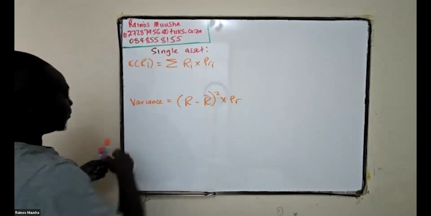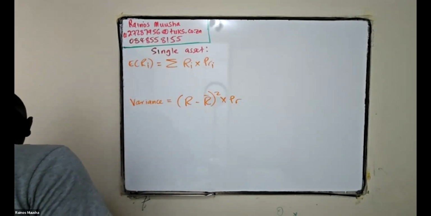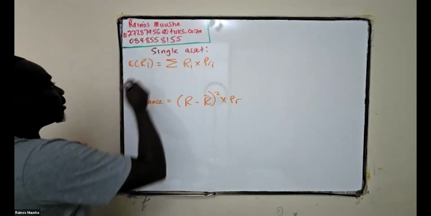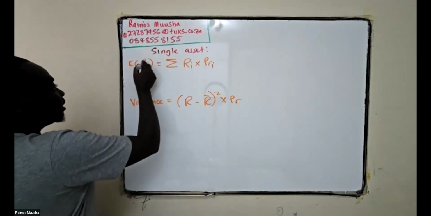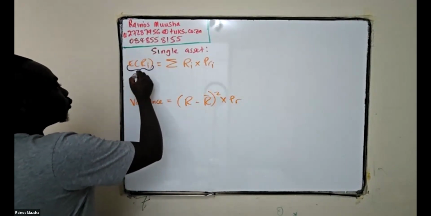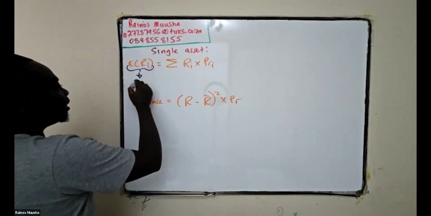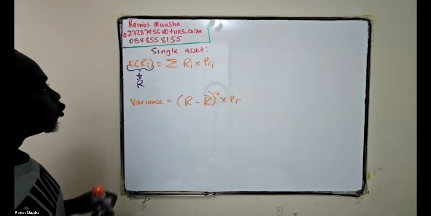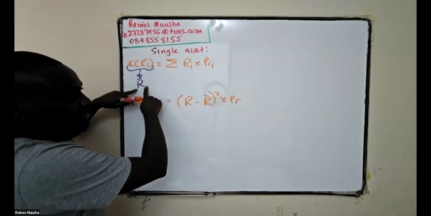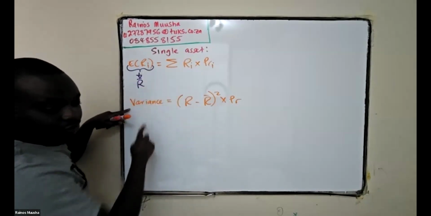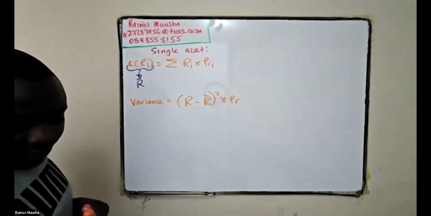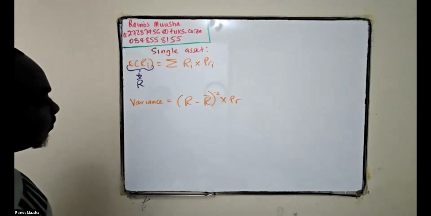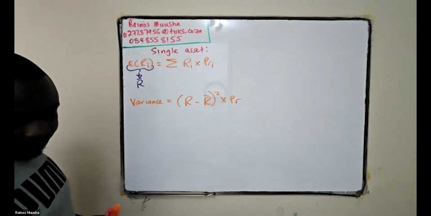This expected return is the R with the bar on top. Whatever amount you determine as the expected return, that's what you use to determine the variance, using this particular formula.